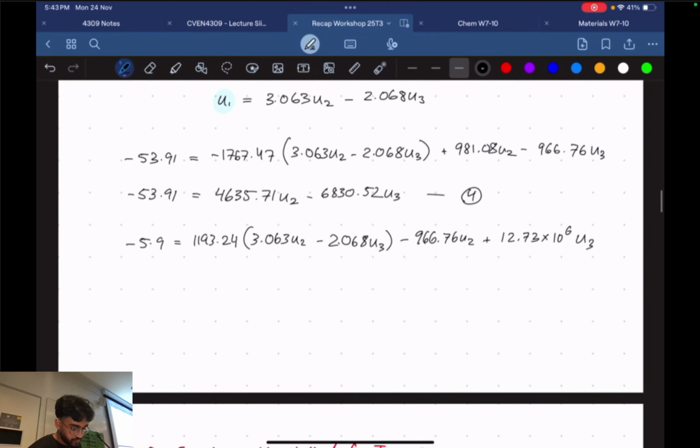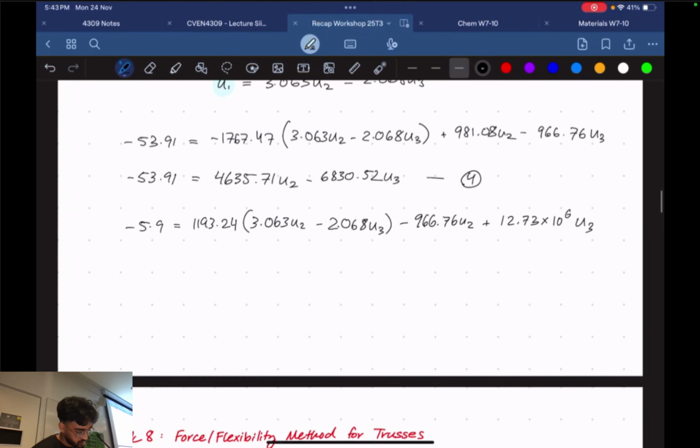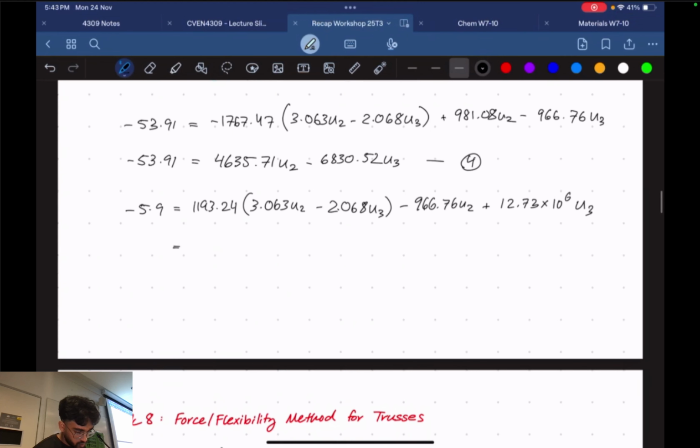I end up with 12.73 times 10 to the power of 6 U3. Doesn't make much of a difference. Minus 1193.24 times 2.068, plus 6.76, and 3434.38 U2. So this is my equation number 5.